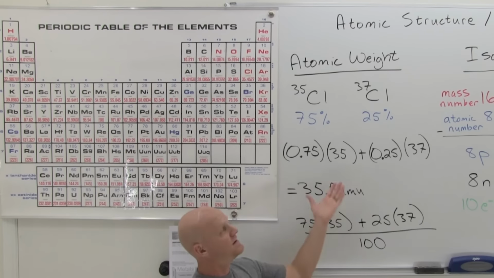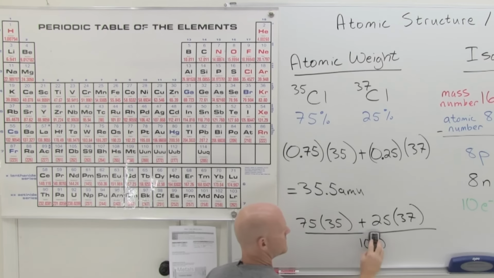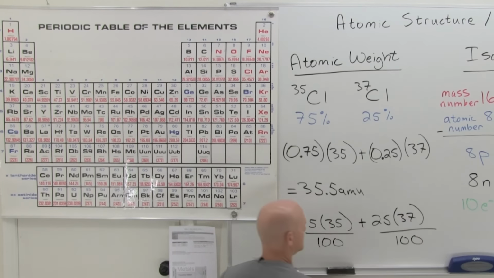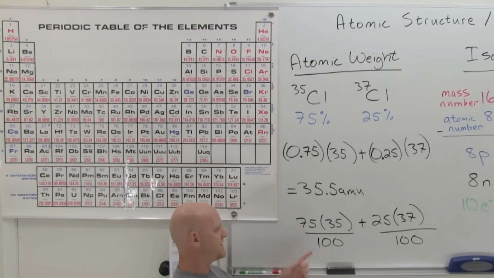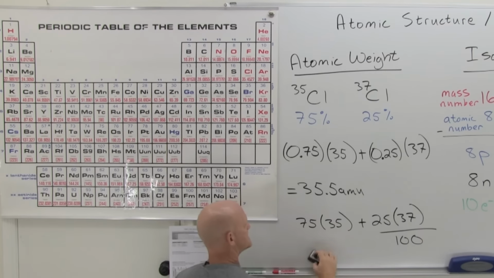So that's akin to what we just did right here, because dividing these two terms which are added together by 100 is no different than splitting these up into separate terms that are each divided by 100. But I could take that 100 there and divide it through by either one of these. And what if I just choose to make it the 75? 75 divided by 100 is 0.75.